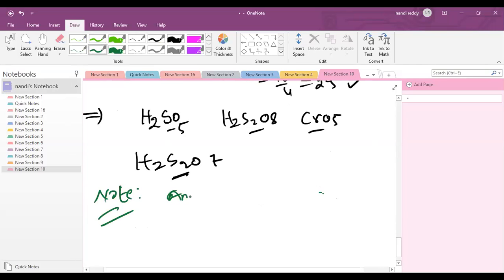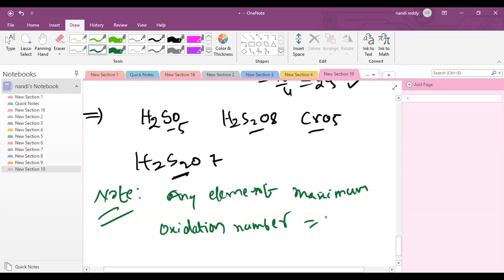Any element, maximum oxidation number equal to its valence electrons. Please write. After noting it down, please do the sum. After completion, let me know.